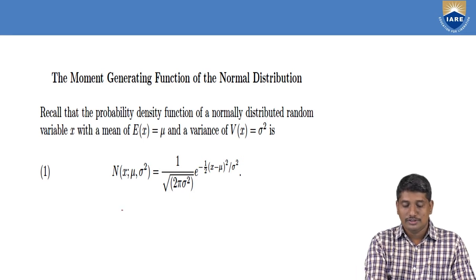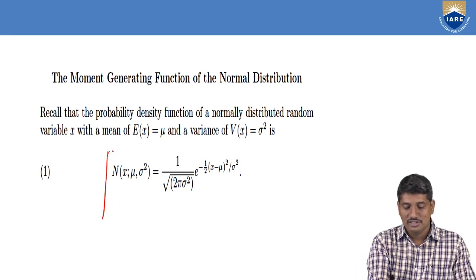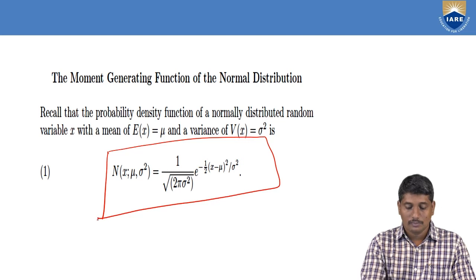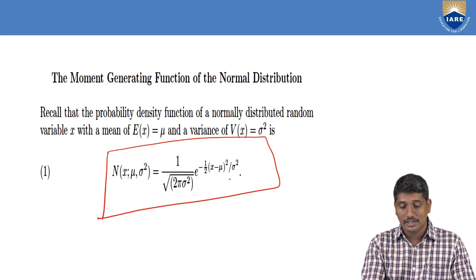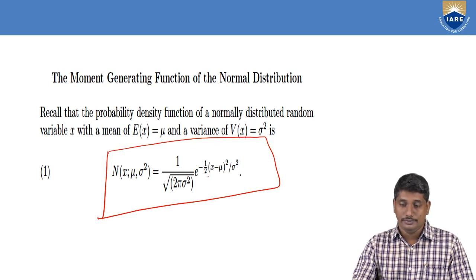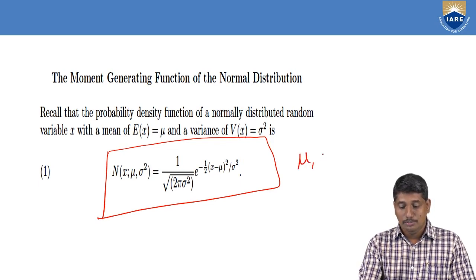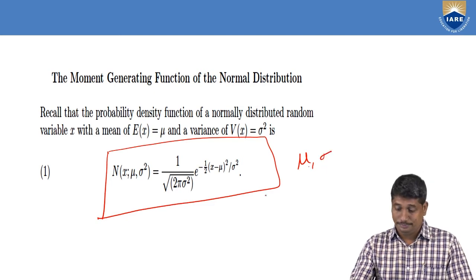You know, for the normal distribution, the PDF is given by 1 by sigma root 2 pi e power minus half of x minus mu by sigma whole square, where mu is the mean and sigma is the standard deviation of the normal distribution.